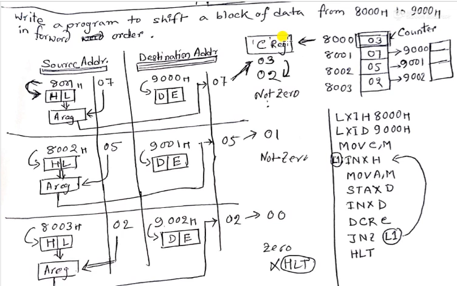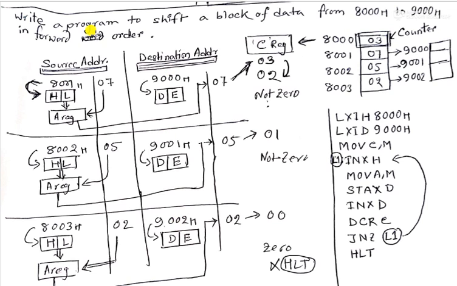Now we have to increment this address location 8,000 to 8001, and the value of 8001, that is 07, has to be moved to 9,000. So we assume there is a source address, that is 8001, 8002 and 8003, and a destination address, that is 9000, 9001 and 9002.